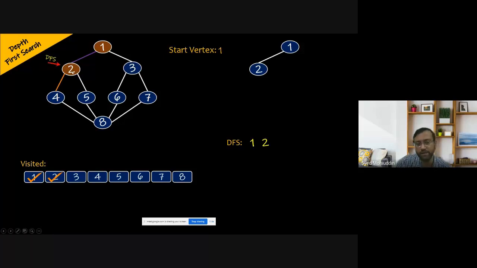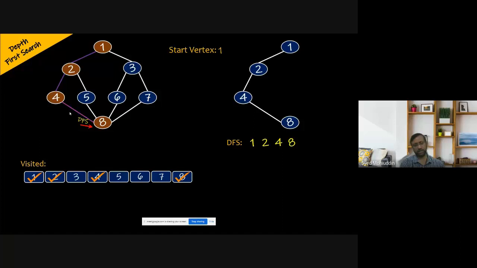So we perform DFS from node 2. Its adjacent is vertex 4. Now vertex 4 is visited and marked in the visited array. Then its adjacent vertex, which is vertex 8, is visited and marked as visited. Then which adjacent vertex do we have to pick? 8 has an adjacent vertex 4.